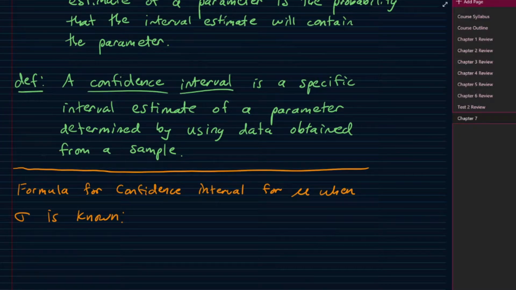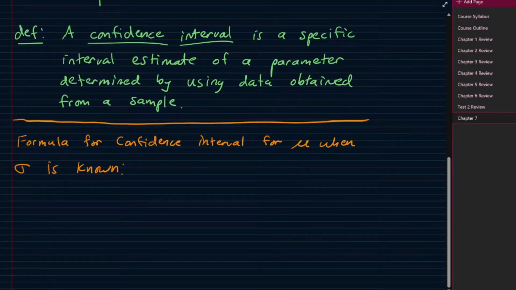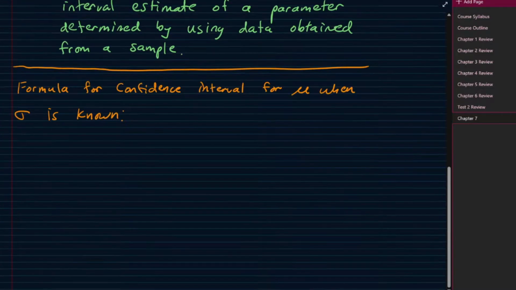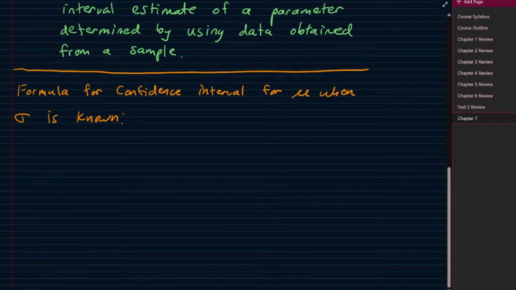Okay, so the formula for the confidence interval for mu, aka the mean, when sigma is known, is x bar plus minus z star times sigma over square root of n.